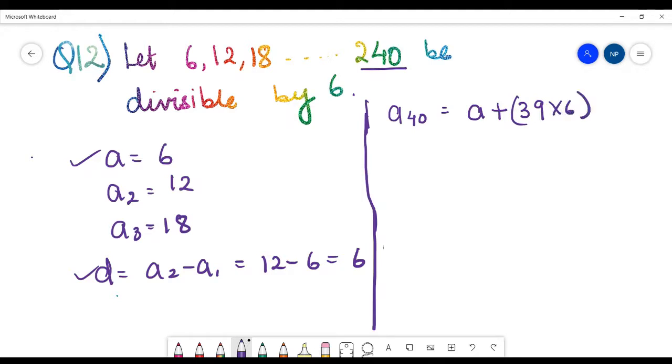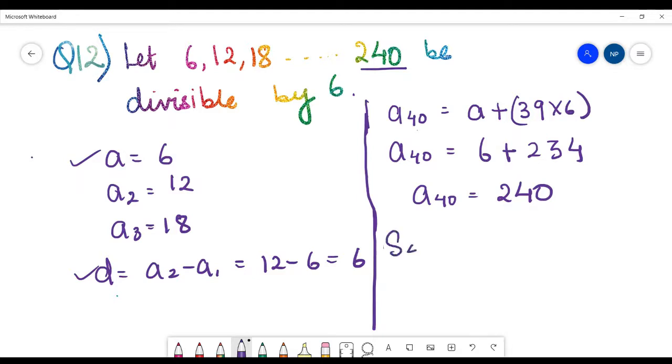Okay, so a40 we are going to take as 6 plus 39 multiplied by 6. So how much is 39 multiplied by 6? This will give us 234. So 234 plus 6, a40 has come out to be 240. So this is correct. This AP is correct.